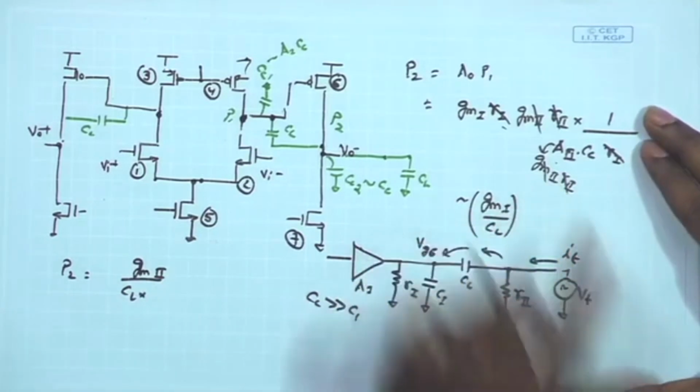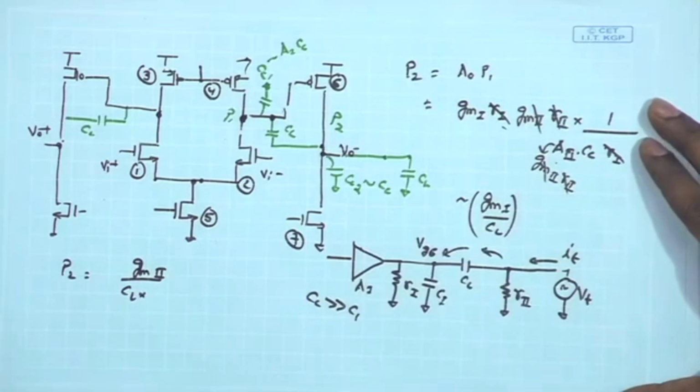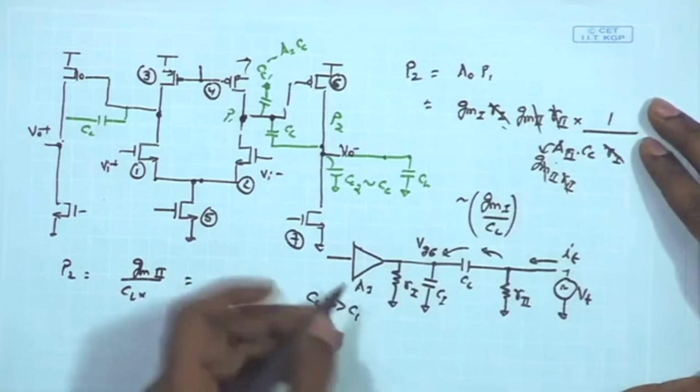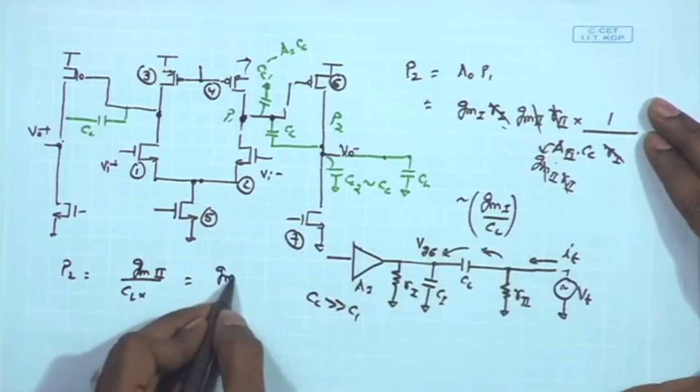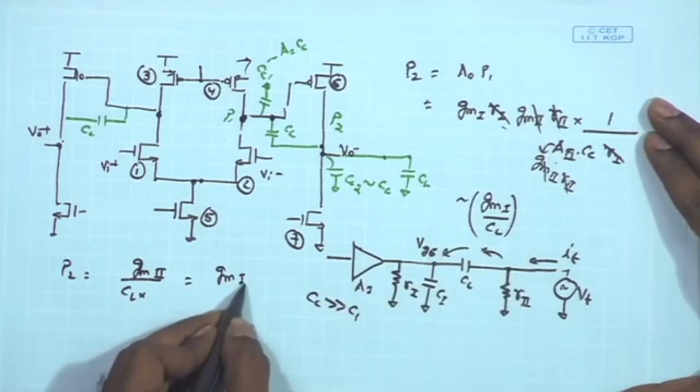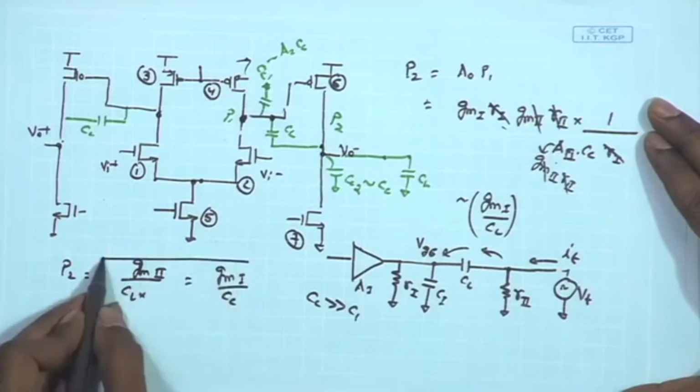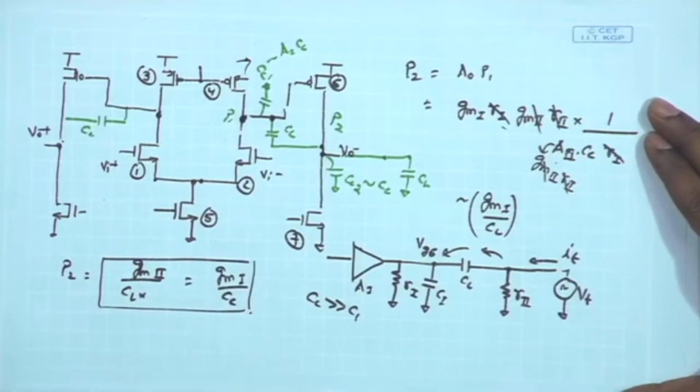In order to achieve a 45-degree phase margin, we want to make this equal to the gain bandwidth product that we have just arrived at, which is GM1 upon Cc. So, this is the relation we would like to obtain in order to have a 45-degree phase margin in this circuit.